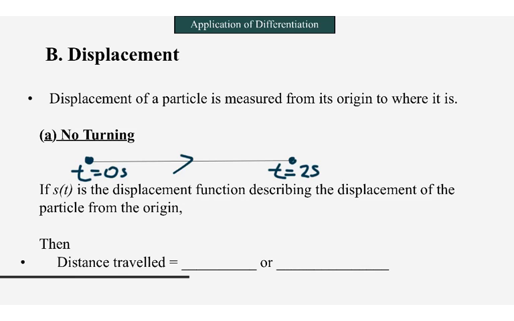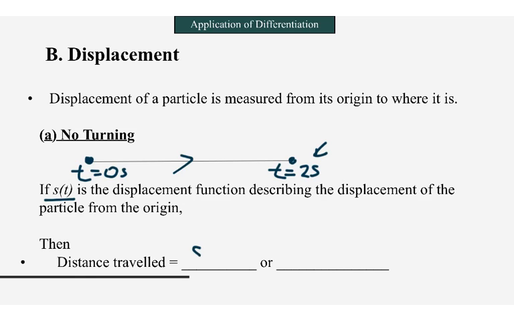If s with respect to t is the displacement function which describes the displacement of the particle from the origin, the distance traveled is found by simply substituting the value of t, which is 2, in the function of s.